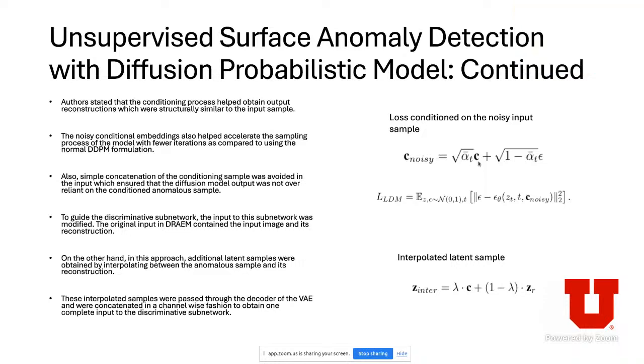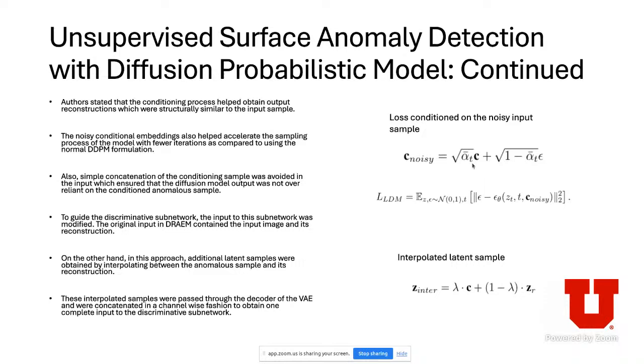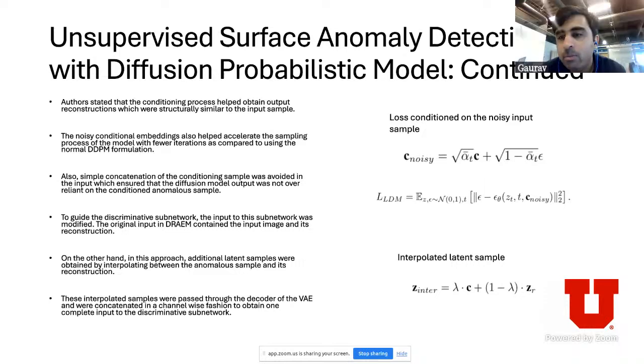Then which T should you use? That's a very good point. In this particular case, as I see in the objective function, the t is randomly sampled during the training process.